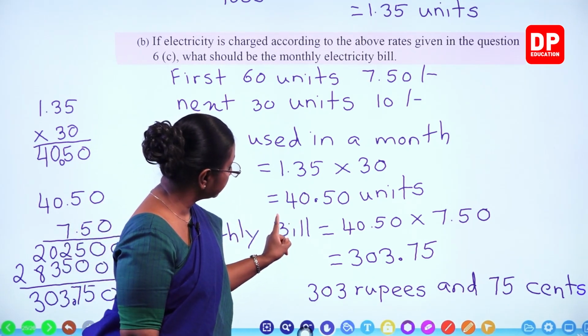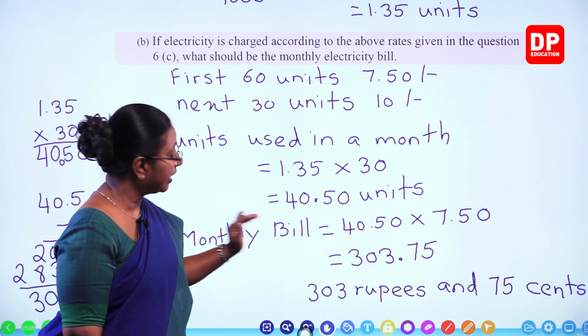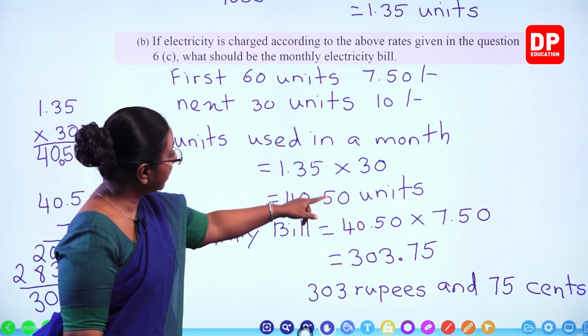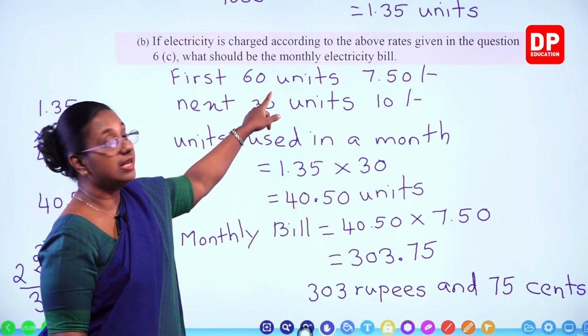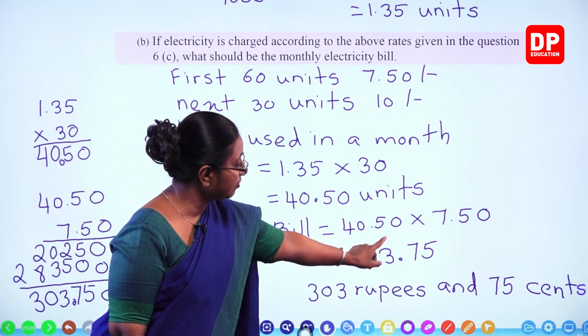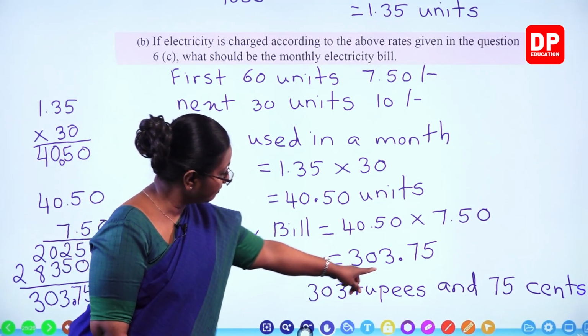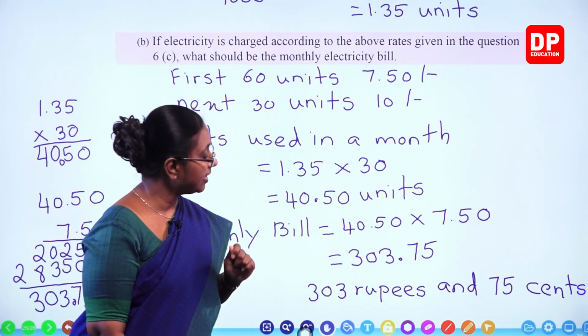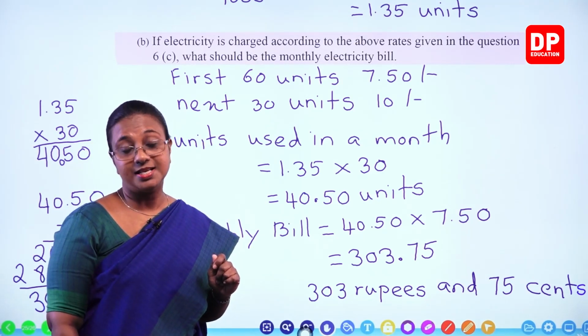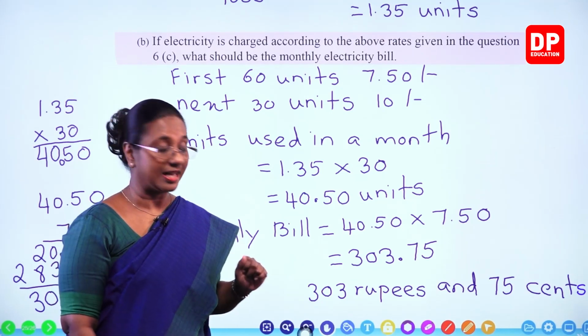So we get the answer as 40.50 units. And then to calculate the monthly bill, if you look at the number of units, it's within 60 units. So there are 40.5 units into 7.5 rupees. So that gives you a value of 303 rupees and 75 cents. So I'm sure you all also were able to do this calculation.